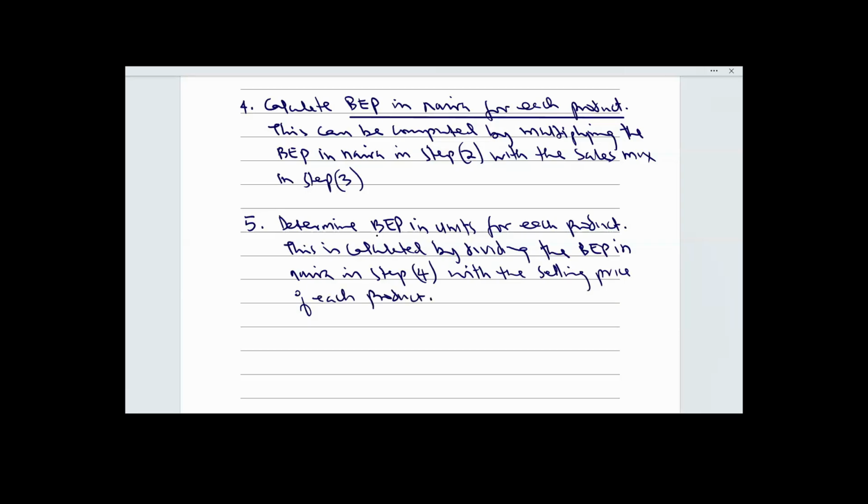So that will give you the break-even points in units for each product.